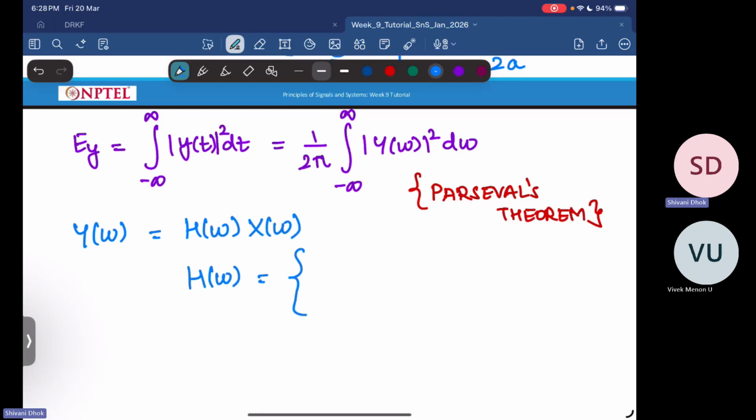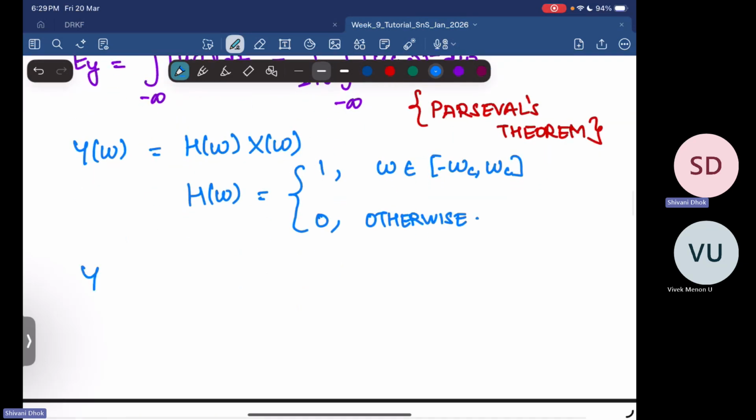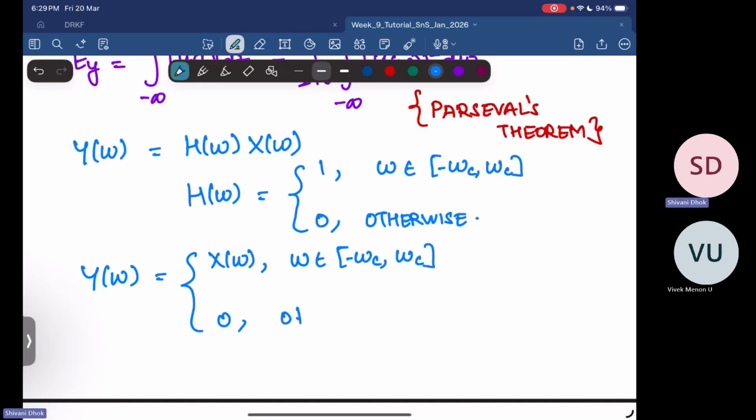Since it is an ideal low pass filter, it is equal to 1 when omega lies between minus omega c and omega c, and it is 0 otherwise. Then y of omega, which is h of omega into x of omega, is equal to x of omega when omega lies between minus omega c and omega c, and it is 0 otherwise.